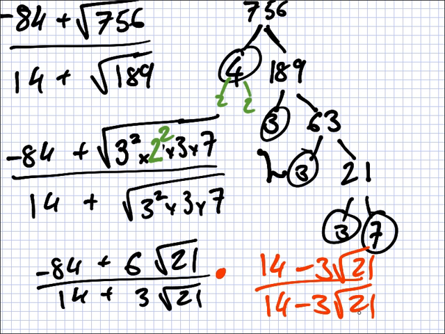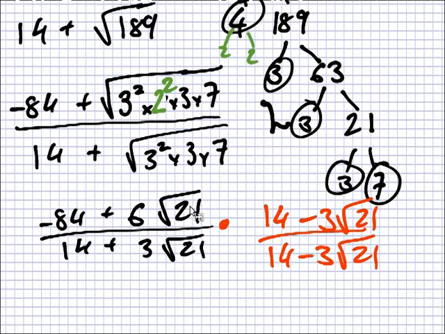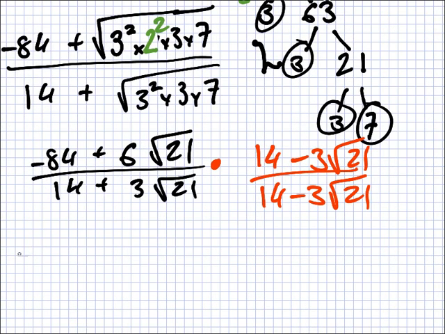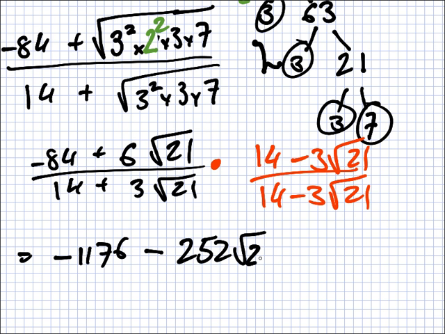Much more to go. Right, we'll need the calculator for sure, because there's some big multiplications here. 84 times 14, what's that? Minus 1176, and then minus 252 root 21, and then 6 times 14? 84, thank you.